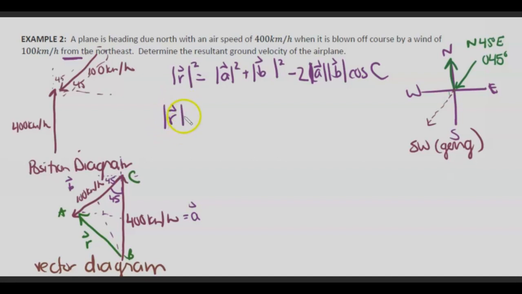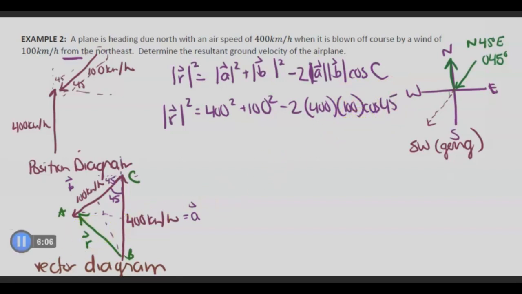So the magnitude of that resultant is going to be vector a, 400 squared plus 100 squared minus 2 times 400 times 100 cos 45. If you have a good calculator, you can put this entire formula into your calculator: 400 squared plus 100 squared minus 2 times 400 times 100 times cos of 45.